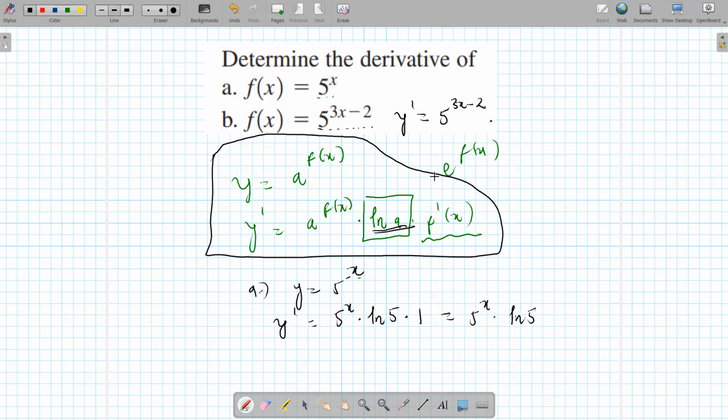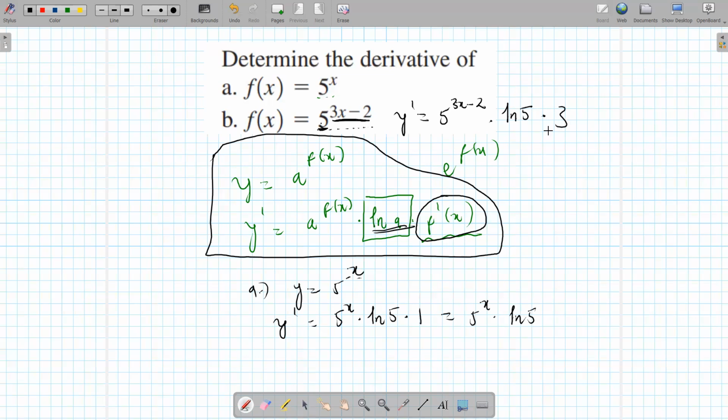And then you multiply this by the natural log of that number there, the base. So times ln of 5, and then times the chain rule. What's the derivative of the exponent? What's the derivative of 3x minus 2? 3. And there you go.